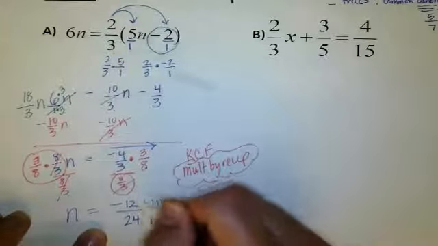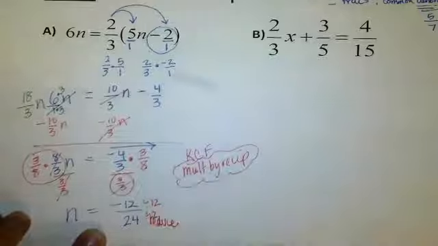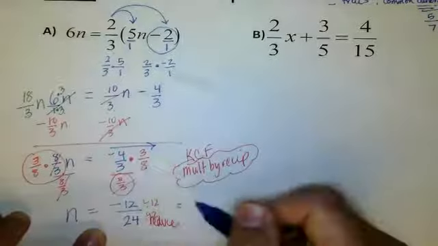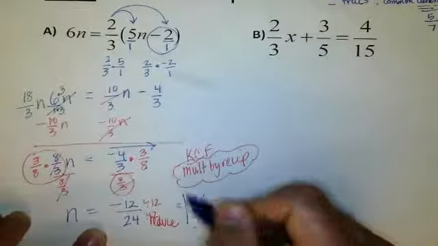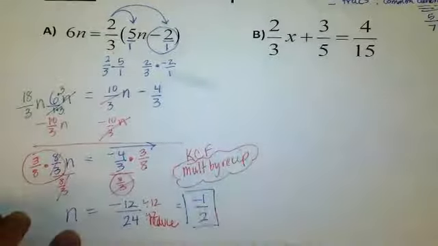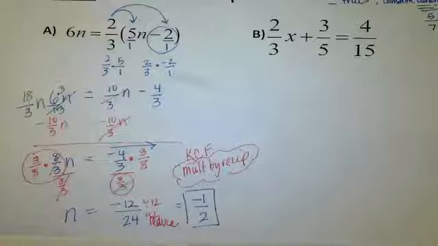We can divide top and bottom by 12. And so we get negative 1 over 2. That's a whole lot of fraction work, right? Has it been a while? Long time, right?